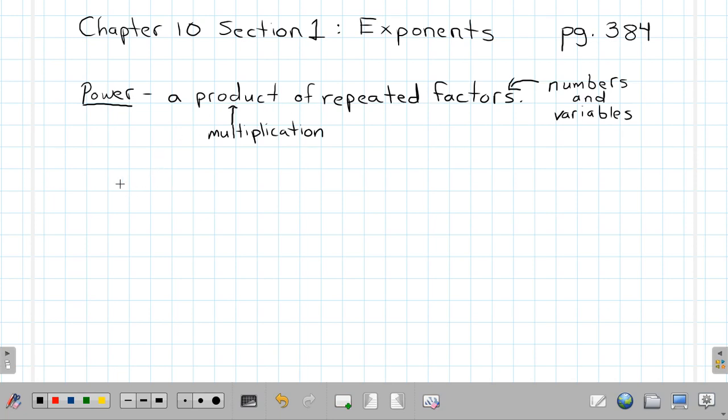Okay, so the other 2 definitions here to go over really quickly are base. When we talk about a base in terms of exponents, the base is the factor, meaning the number or the variable that is repeated.